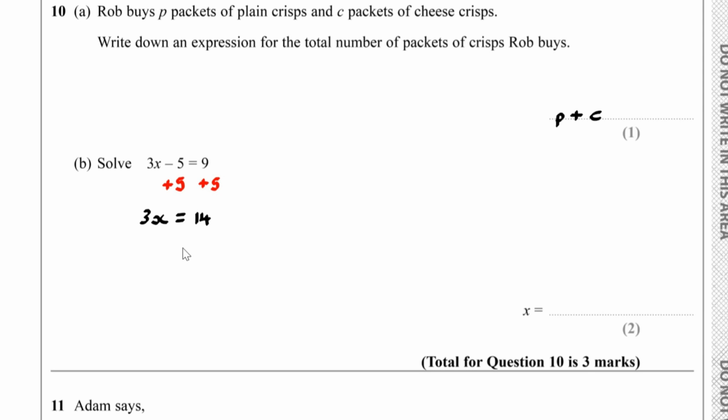And now if we divide both sides by 3, what we will be left with is x equals 14 over 3. So we have x equals 14 over 3.